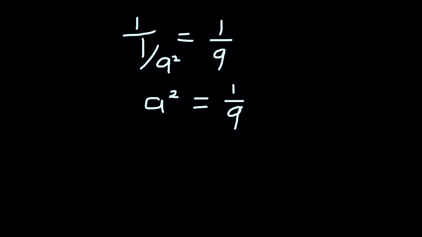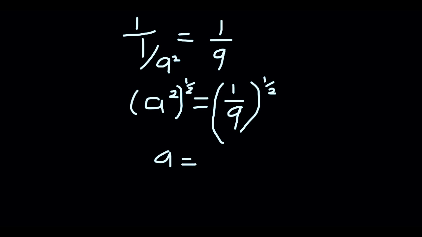This can then be written as, by taking the square root of both sides, a equals square root of 1 over 9.